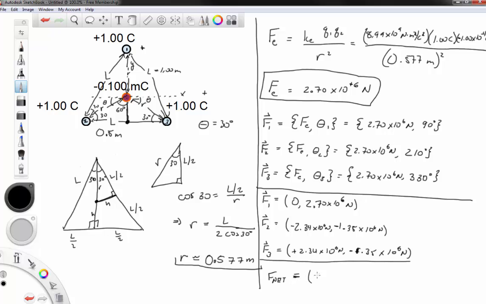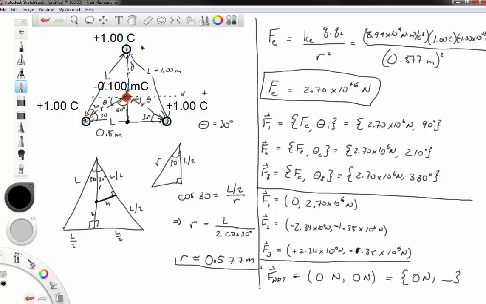So that part obviously should be a 0, comma, 2.7 times 10 to the 6th minus 1.35 times 10 to the 6th leaves me with 1.35 times 10 to the 6th. Then we're subtracting another 1.35 times 10 to the 6th. So this one gives me 0, 0. So that actually means that the net force is 0 newtons.